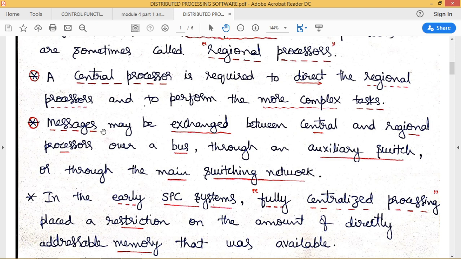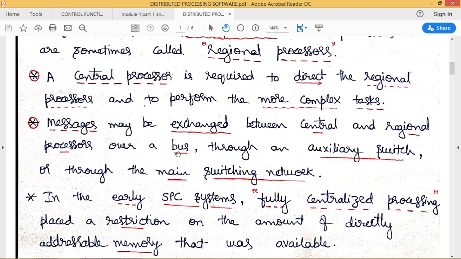So messages imply control signals. Messages may be exchanged between the central processor and regional processors over a bus or through an auxiliary switch.